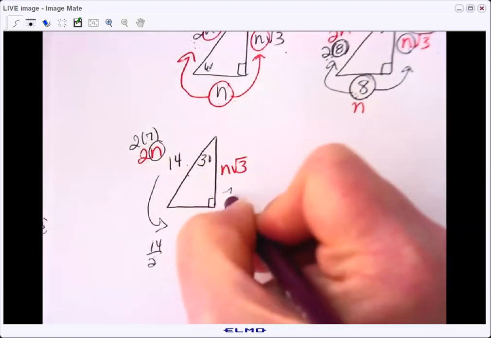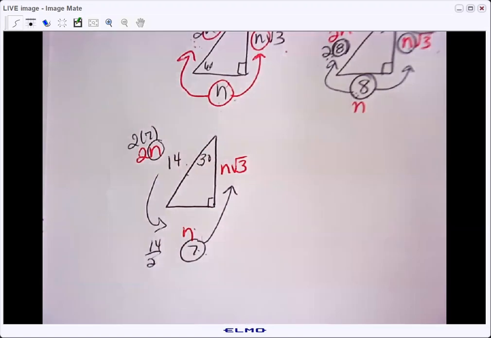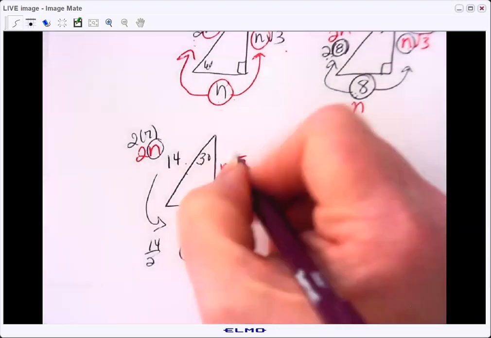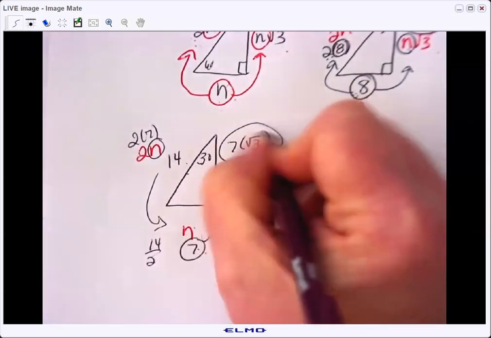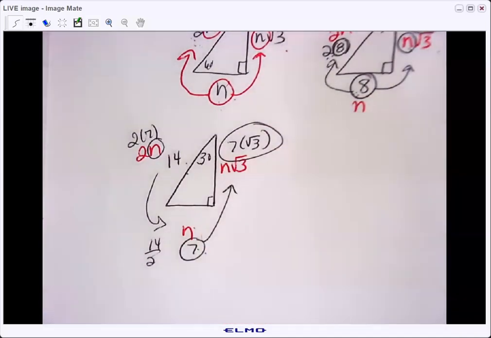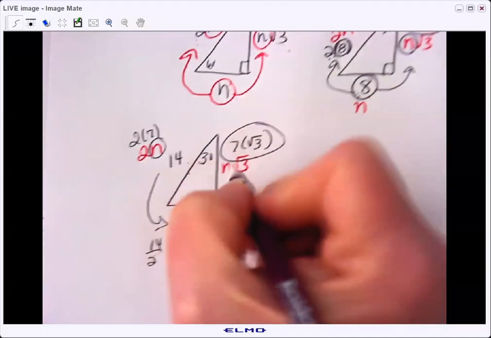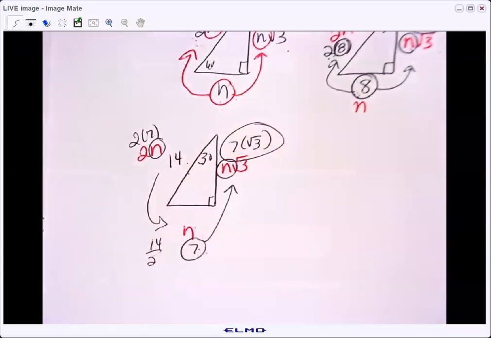So what is that going to give me for the long leg? 7 root 3. Yep. So I'm going to plug that in right here, and I have 7 root 3, and I'm done. Just plugging in my n. They're all the same.